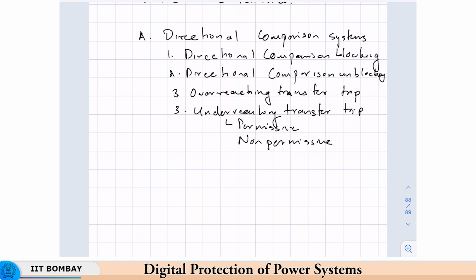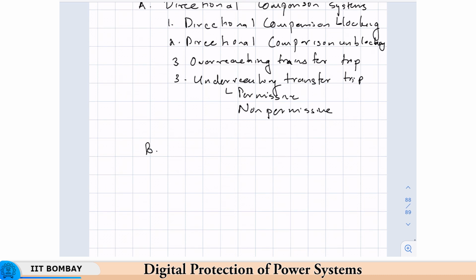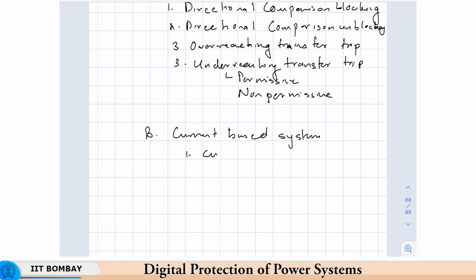The second one, which we will not be discussing today for sure, is current based systems. We will discuss this at some later date. This is current differential, in which case you compare the phasors from both the ends.